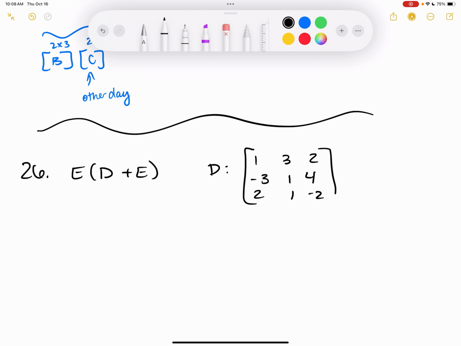Matrix E is also a 3 by 3: negative 3, 1, 4, 7, 0, negative 2, 3, 4, negative 1. So you'll put those two in your matrix D and E, and then I would probably recommend leaving them in there, and then you'll just add A, B, and C. They're all 2 by 2 matrices.